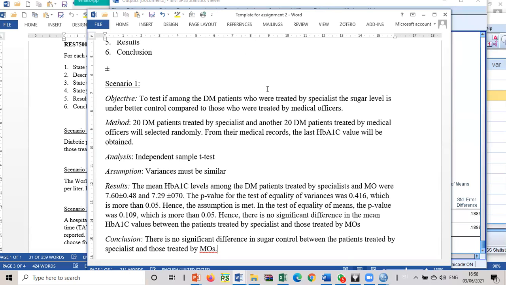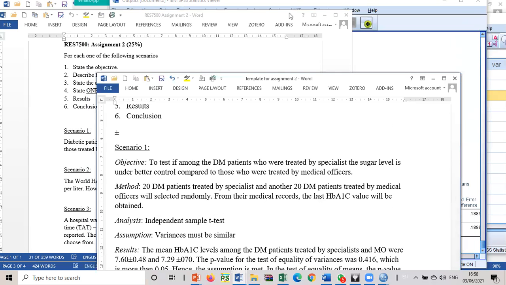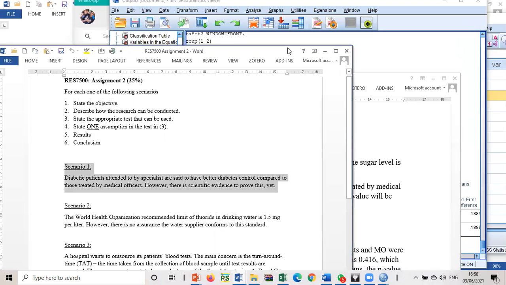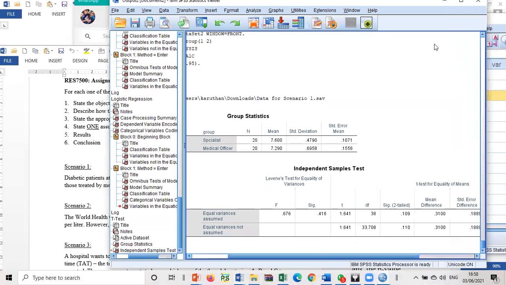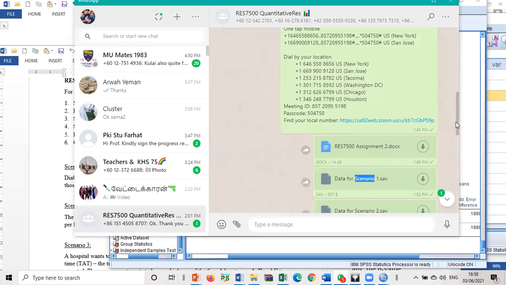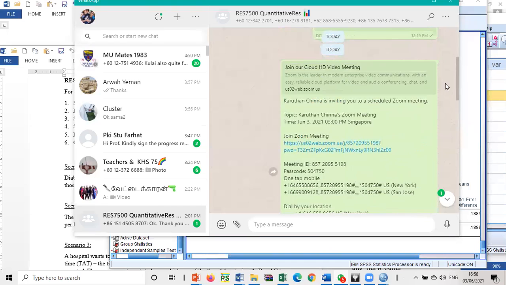So today, that's all with the class. Professor, I saw you sent another template for assignment 2. Okay, take only today's one. The one I sent earlier, don't take it, okay? Only the one sent today. Meaning we only use the one that contains a total of 6 scenarios, right? If I show you this, I sent something earlier, ignore those.